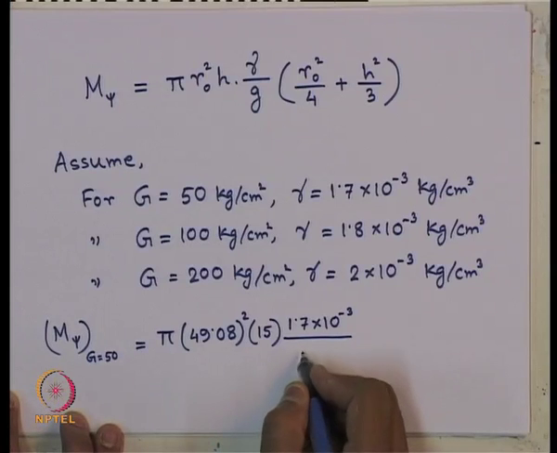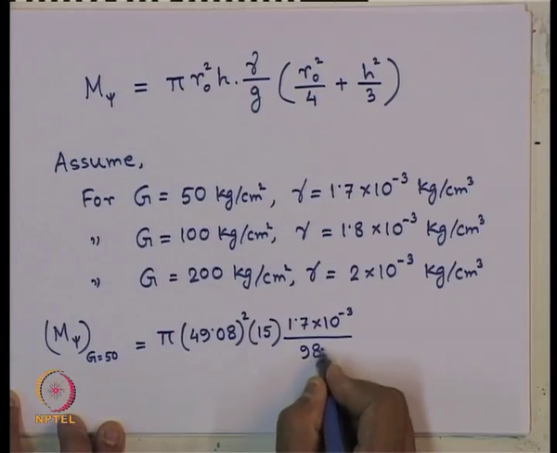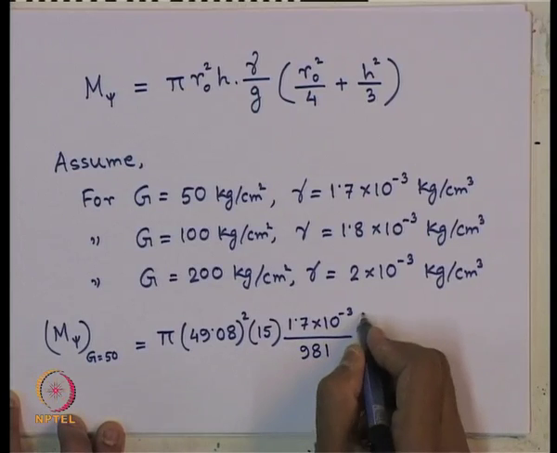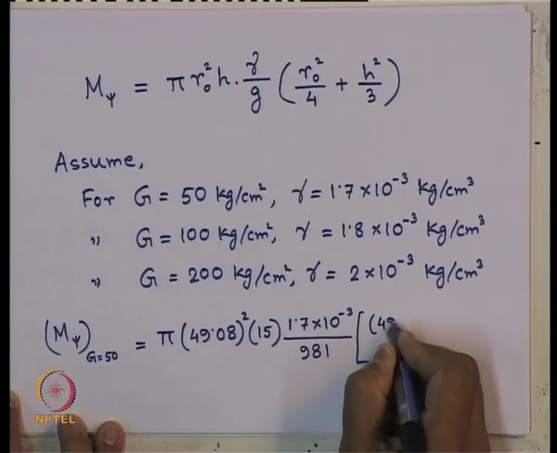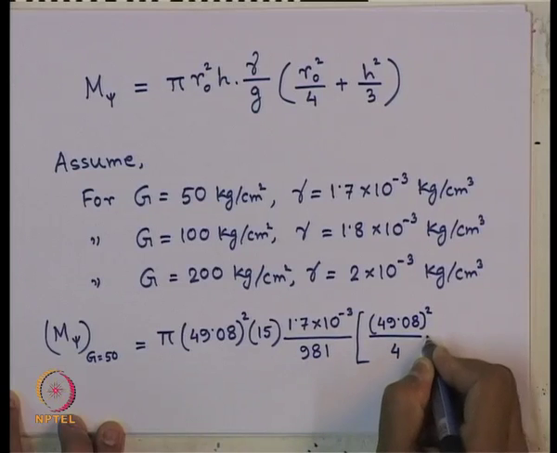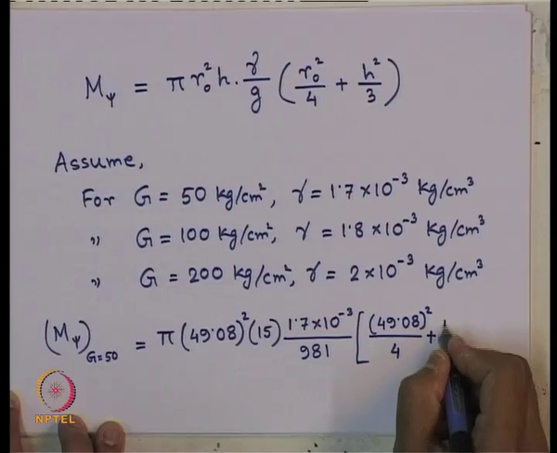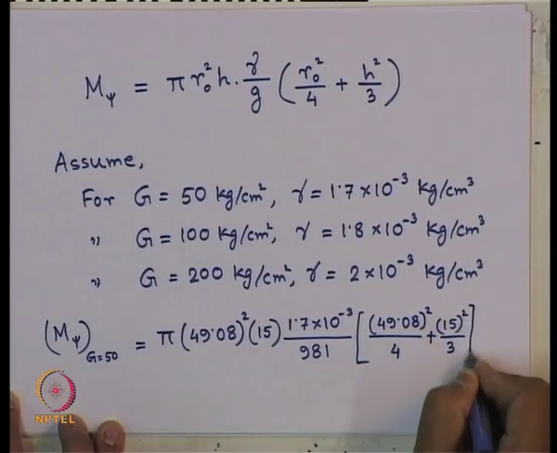We have to divide it by g in centimeter per second square unit, which is 981, times r naught, 49.08 whole square by 4 plus h, 15 square by 3.